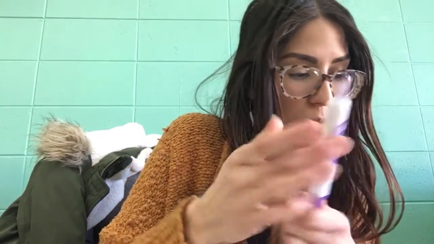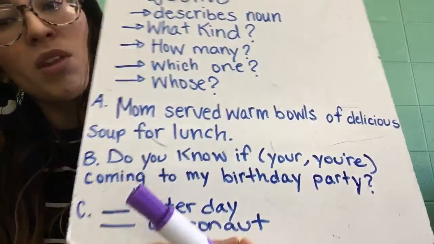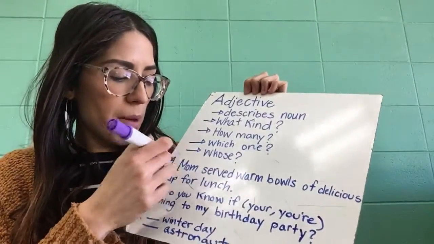So let me grab my purple marker. And then let's go ahead and underline the nouns and pronouns first, okay? So what's my first noun that you see in your sentence? Look at your paper, or I guess you can look up here too, since I have it up here. What's my first noun that you see? That's right, mom. So we'll underline mom.